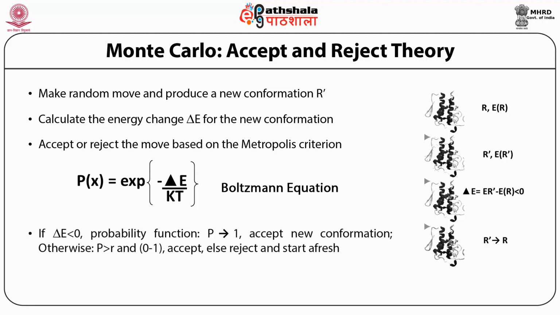If the difference is less than 0, we then take the new conformation and start the iterative process once again. In this particular way, at every step, a new conformation is either accepted or rejected, and then it goes back to the original starting point. A software that uses this particular application is Rosetta.